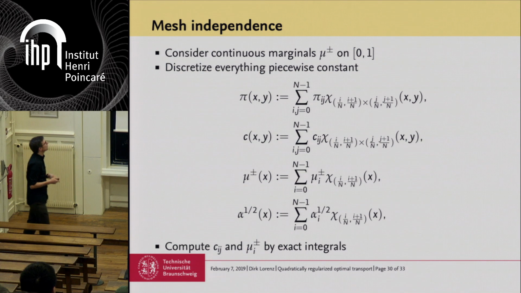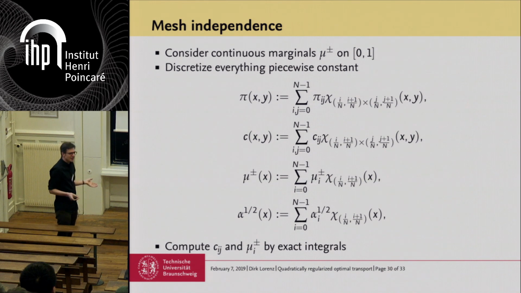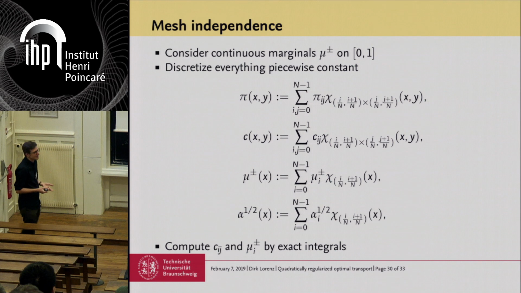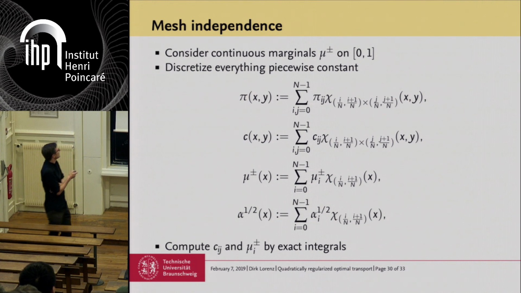So what we did is we considered two continuous marginals on the interval from 0 to 1 and discretized everything by piecewise constants. Why should we go to higher regularity? Because everything could be a measure actually. So we use piecewise constants for everything. Then we can compute the coefficients for the marginals by exact integrals, and also the coefficients for the transport plan by exact integrals.